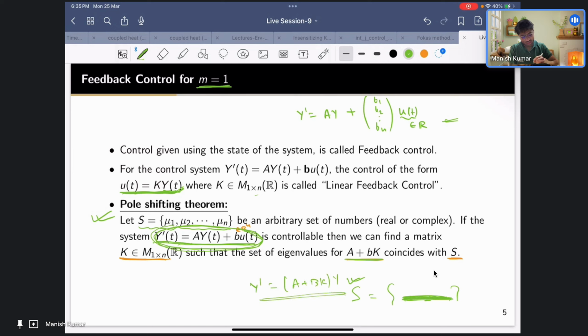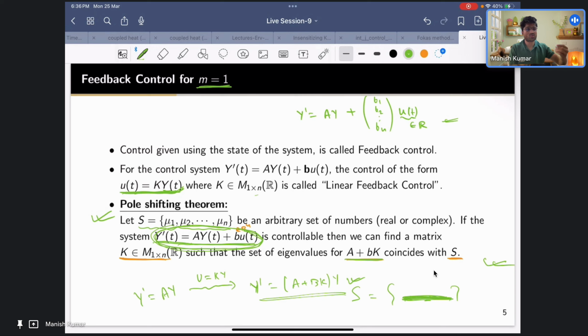So you have stabilized y prime equal to Ay by adding u equal to Ky. This will obviously help us in understanding the stabilizability property.